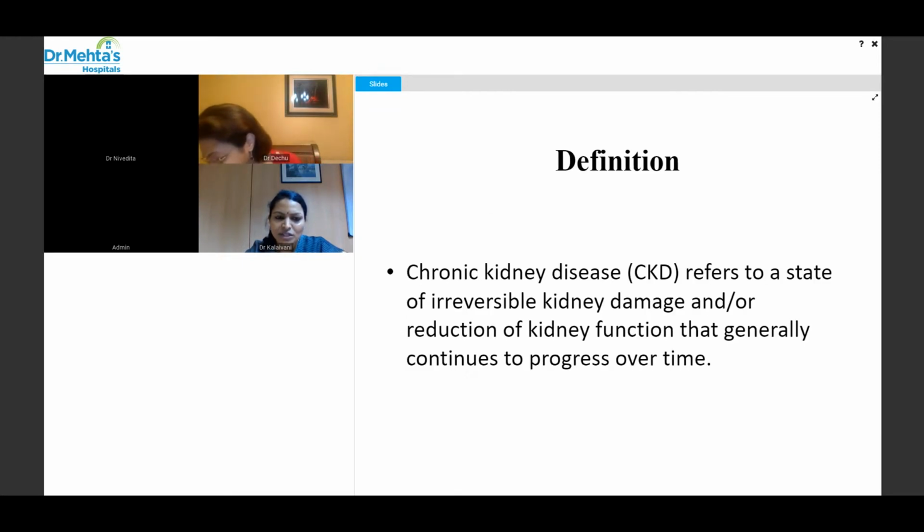As per definition, chronic kidney disease refers to irreversible kidney damage with reduction of kidney function that continues to progress over time.